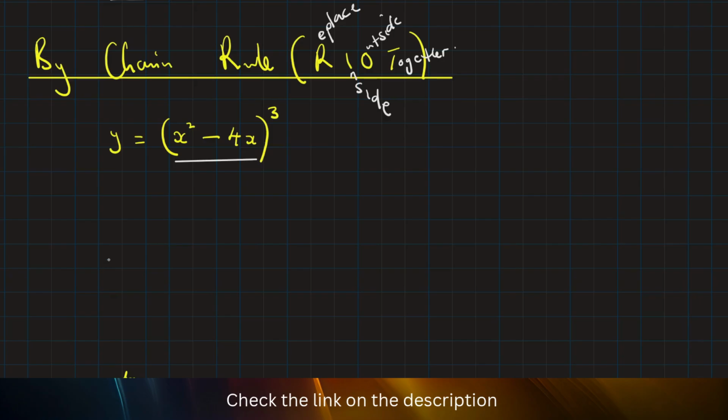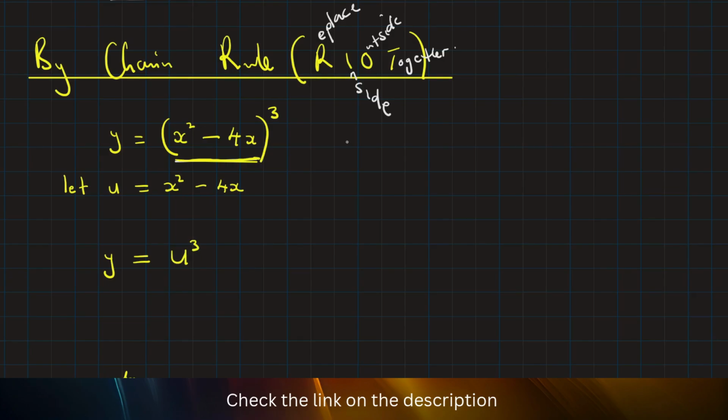So if we were to replace that, we say let u be equal to the inside, which is x squared minus 4x. Therefore, we rewrite our y as y is equal to, instead of rewriting the whole inside, our inside is represented now by u, and it's raised to 3.